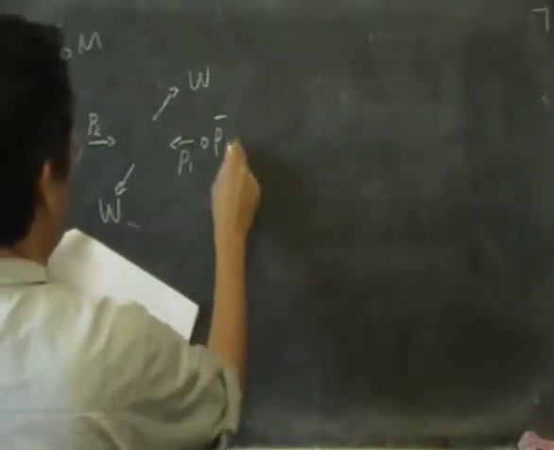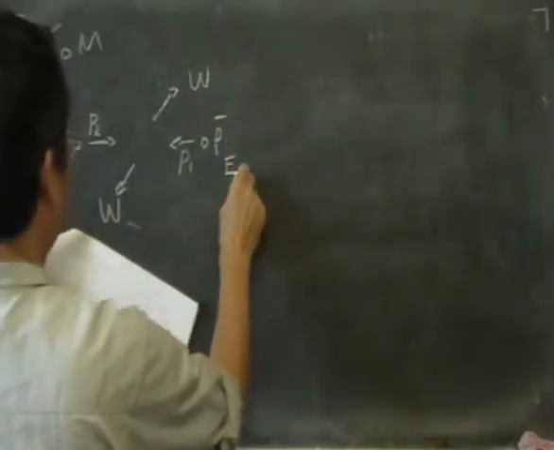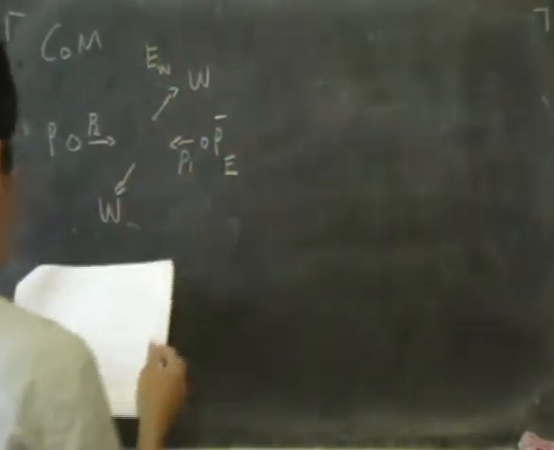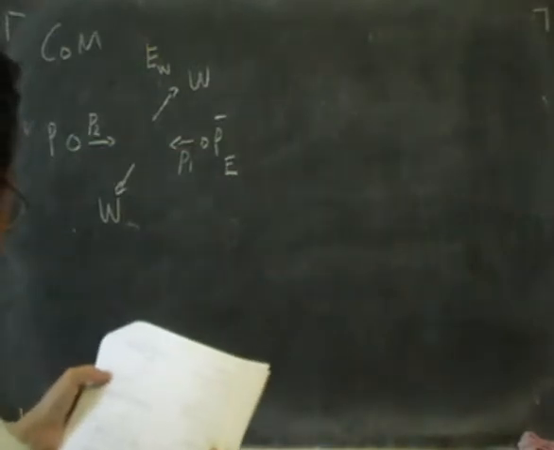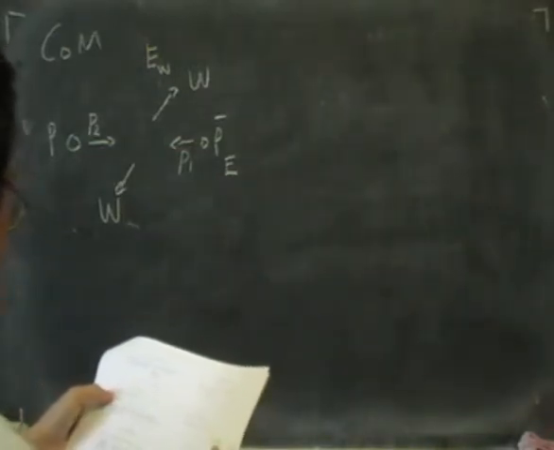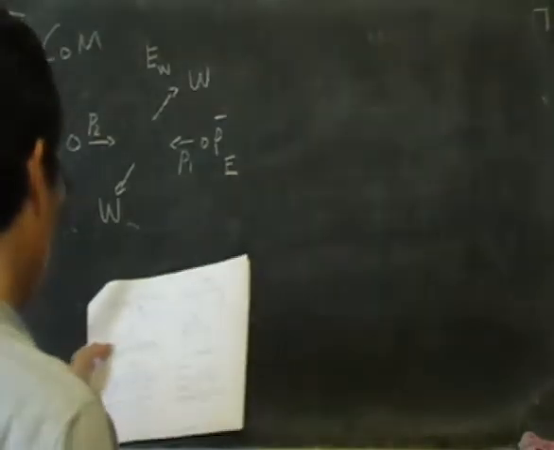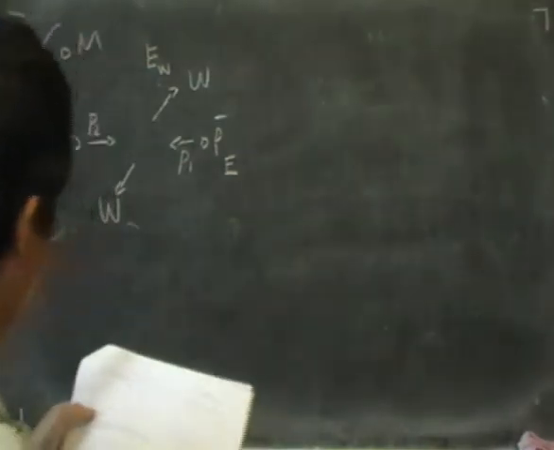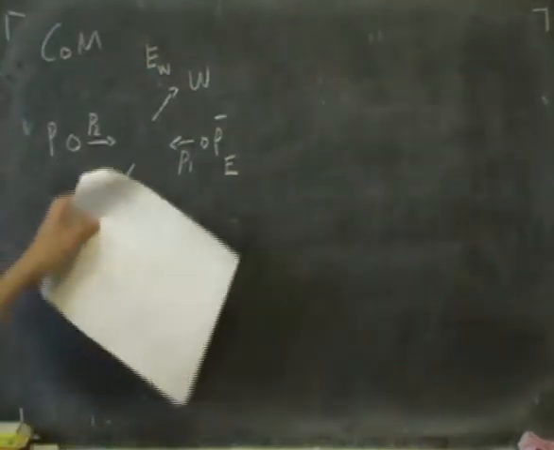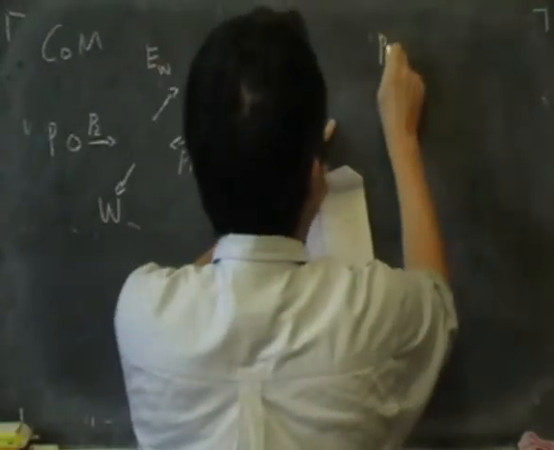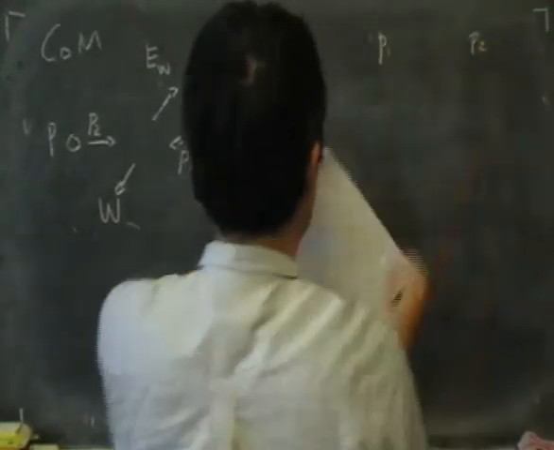And I'll call this energy E_W. So let me write down the four-momentum of the proton and antiproton before collision, P1 and P2.